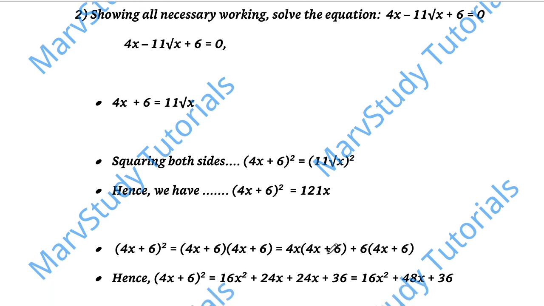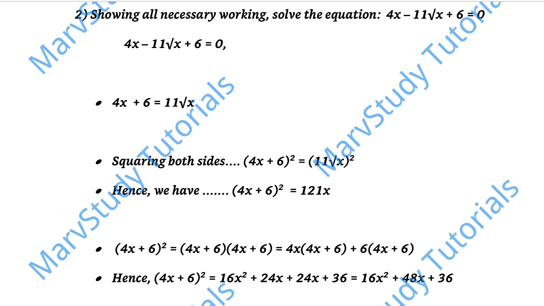Plus 4x times 6 is 24x. 6 times 4x is 24x. And 6 times 6 is 36. So we have 16x squared + 24x + 24x + 36. So simplifying that, we'll have 16x squared + 48x + 36, because 24 plus 24 is 48.